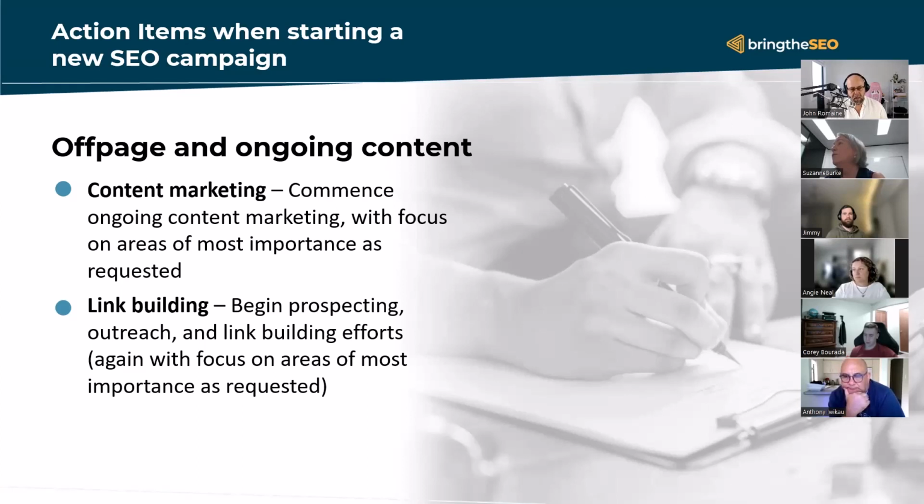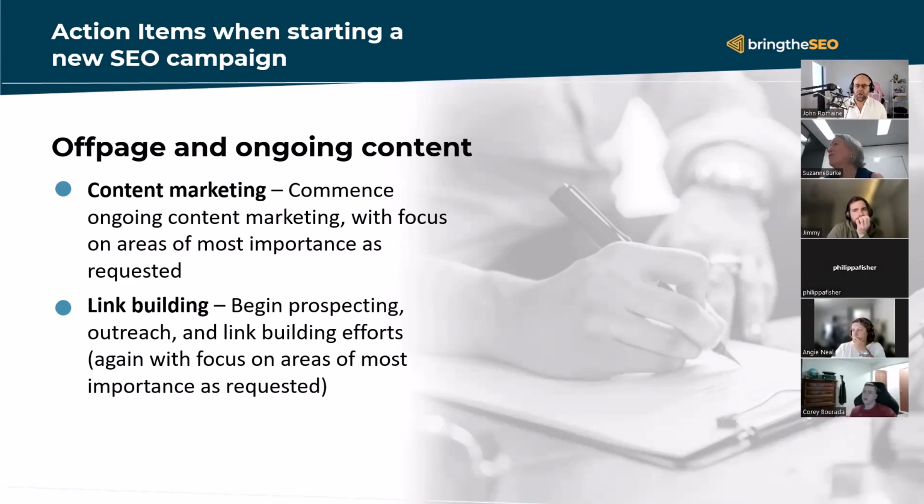In any case, commence ongoing content with focus on areas of most importance, right? Notice there I emphasize areas of most importance. As an example, if the client has said to you, okay, Anthony, we want to sell more blue widgets. You would start with the core pages first, then you would focus probably on your category page for blue widgets, and then you would say, okay, great, let's start thinking about what content we can publish in the blog that's based upon maybe frequently asked questions that people have about blue widgets, right?